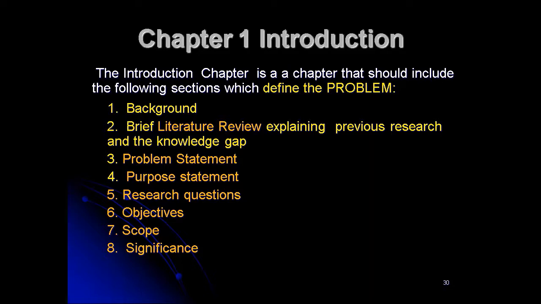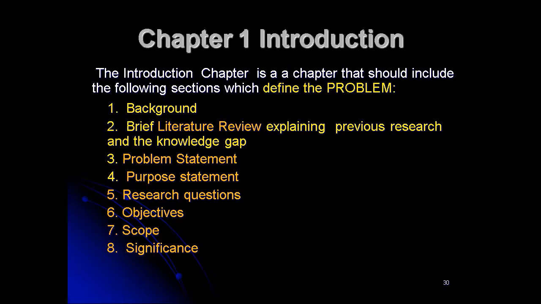So before going further, again, just revise in terms of the chapters required for the proposal. So the first chapter that's required will be the introduction, which is a chapter that defines the problem. This chapter should define the problem, and it consists of the following sections: the background, a little bit about the problem in general.